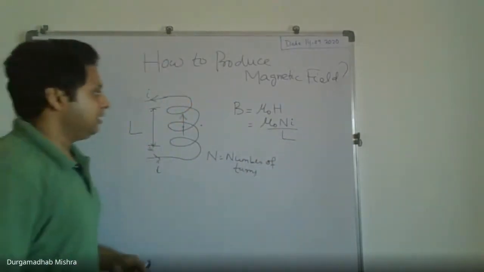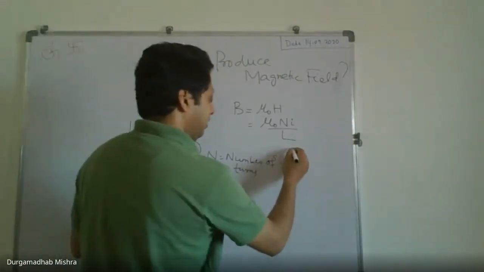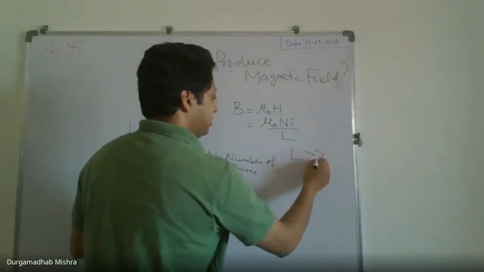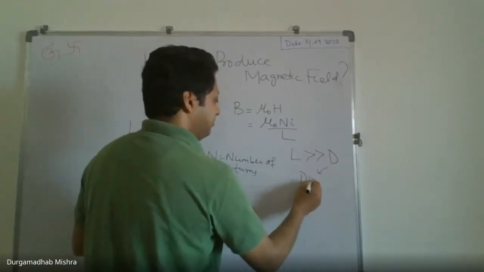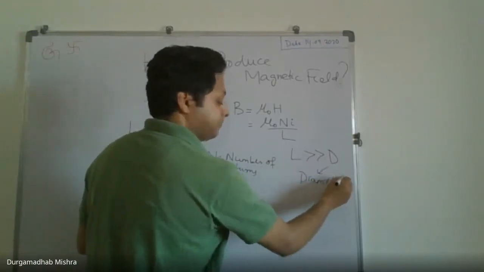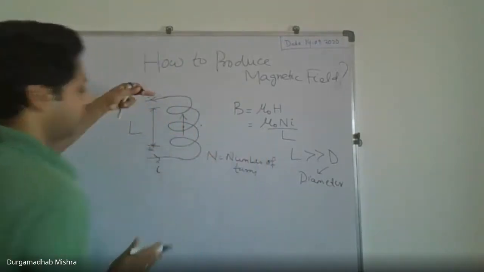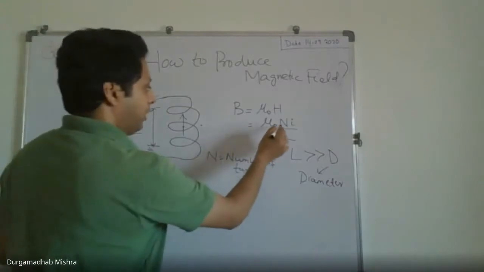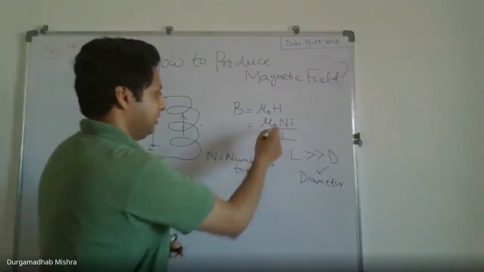Right? What we are assuming here is that our length L is much greater than D, where D is your diameter. So if the length of the coil is much larger than D, you can approximate this equation to this form.